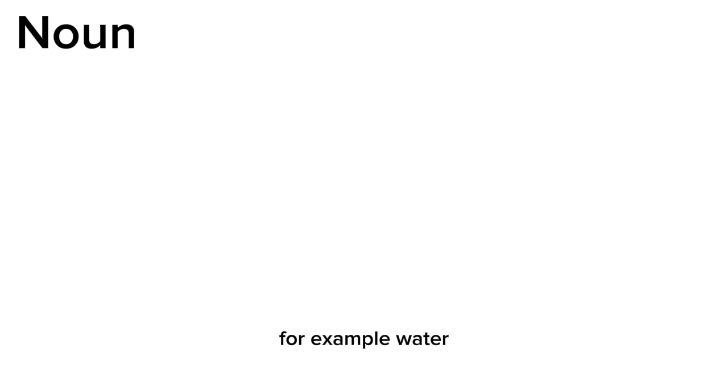For example, water, sugar, happiness. These refer to groups of people, animals, or things as a single unit. For example, team, family, audience.